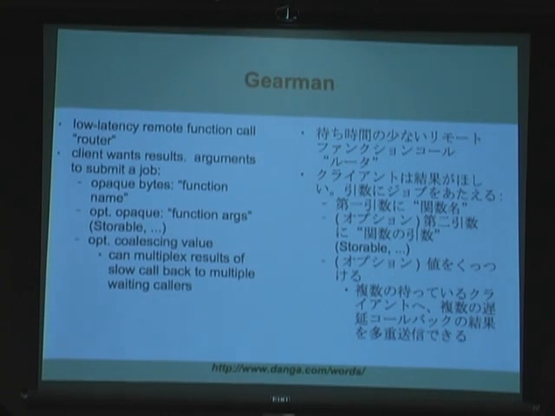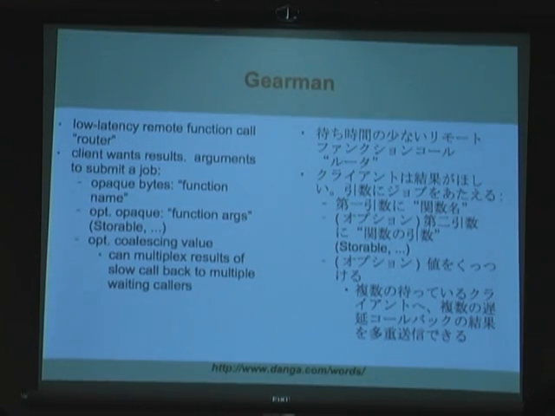Basically, a client wants a result. It wants to call some function. All a function call is, is some function name, which is just some opaque bytes, and some opaque args, which is maybe a Storable or something like that. And then there's an optional coalescing value.